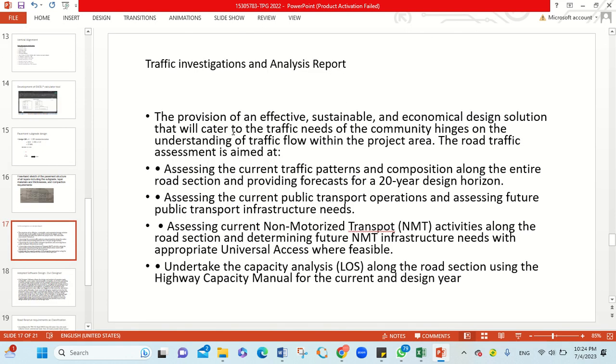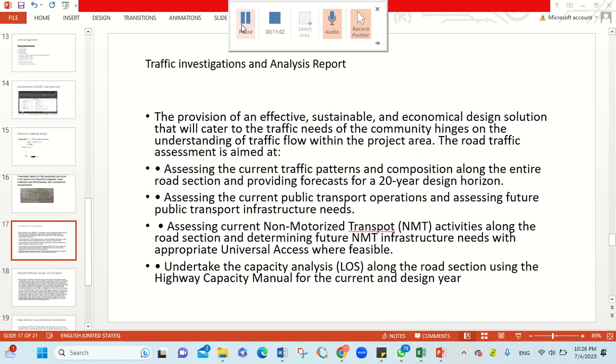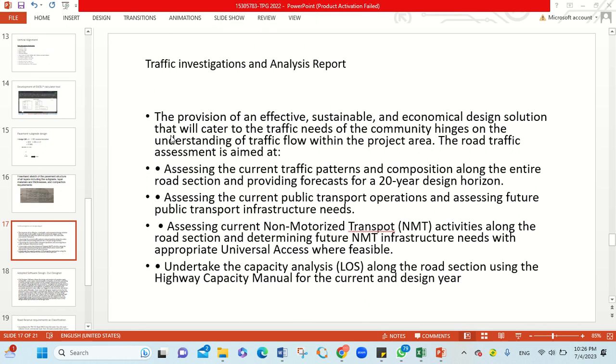We therefore proceeded to do our traffic investigation and analysis reports. After doing the traffic investigation and analysis reports, we found that the provision of an effective, sustainable, and economical design solution that will cater to the traffic needs of the community hinges on the understanding of traffic flow within the project area.